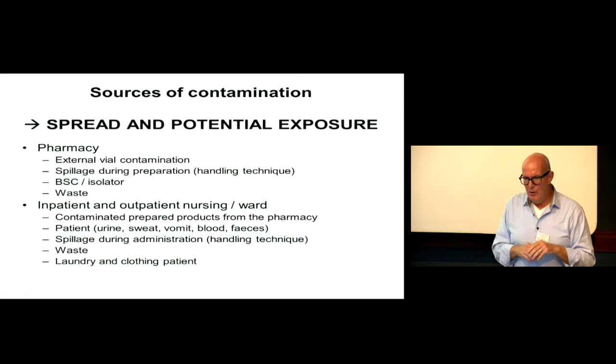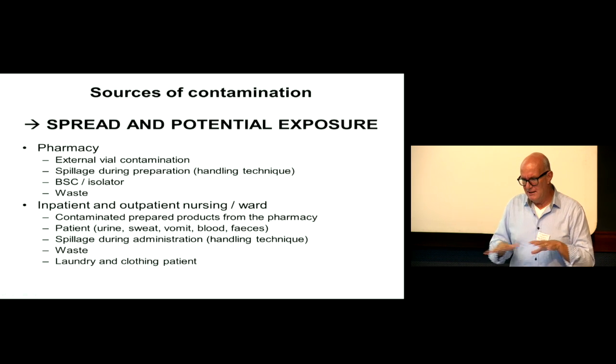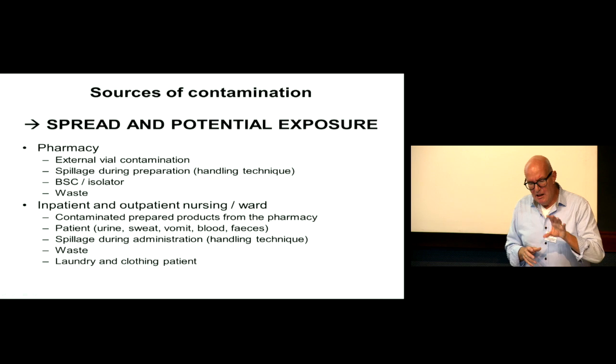We know when we do testing everywhere around the globe that contamination is in pharmacy, in and around cabinets and isolators, and on the wards, in inpatient and outpatient situations. So drugs are there, but where is it actually the most predominant? Where do you find it mostly?